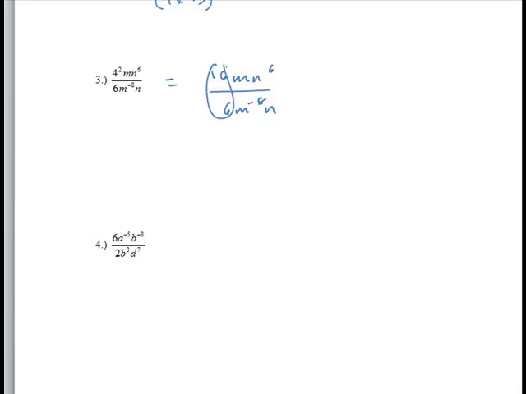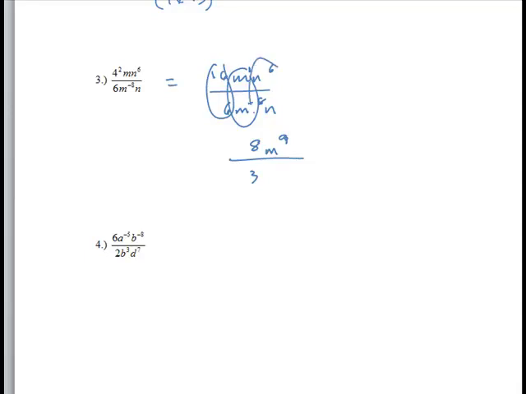The first pair of like factors, 16 over 6 reduces to 8 over 3. The next pair of like factors, m over m to the negative 8th, quotient rule, dividing two powers with like bases, subtract their exponent. So the numerator's exponent is 1 minus the denominator, so 1 minus a negative 8 becomes 1 plus 8, or 9.